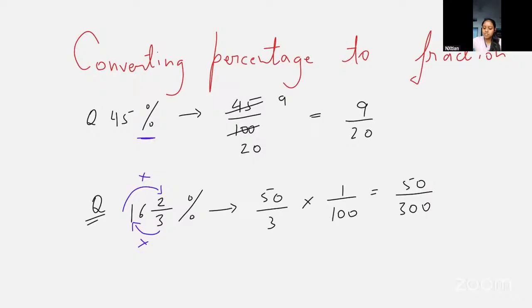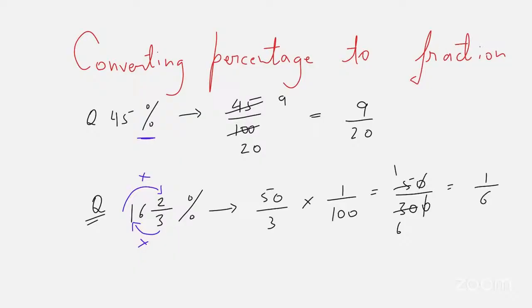Now cancel 0 with 0. Now I will reduce. 5 ones are 5, 5 sixes are 30. The answer will become 1 by 6.